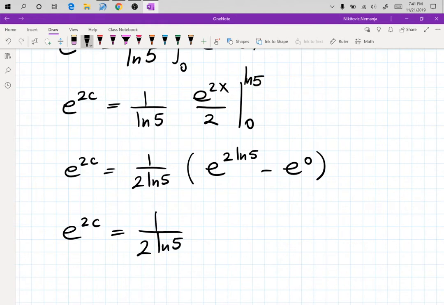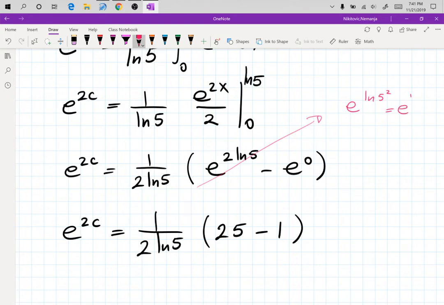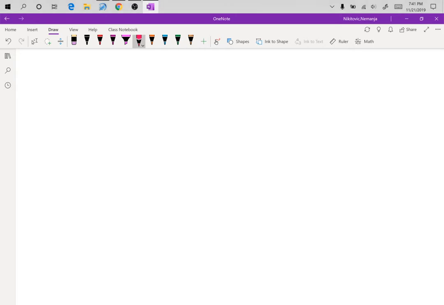So e to the 2c is equal to 1 over 2 ln 5, and over here I have e to the 2 ln 5 minus e to the 0. And now the 2 will go in as a square. So that's a 25. And then e and ln cancel. So this becomes 25 minus 1. Now I'm going to do this calculation on the side by saying e to the ln 5 squared is e to the ln 25, which is 25.